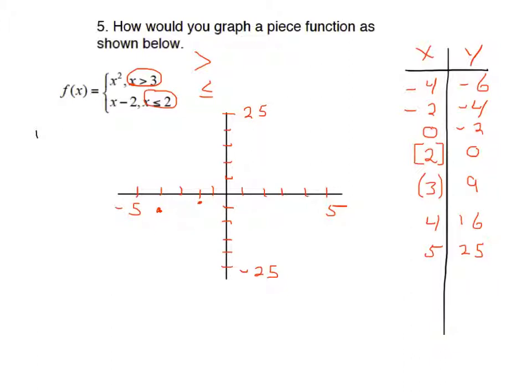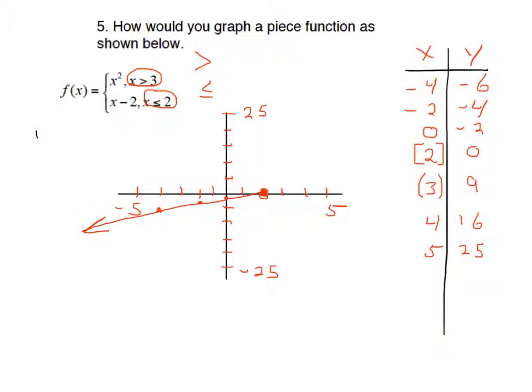Then I'm at 0, and I'm at negative 2, approximately right there. Then I'm at 2, and I'm at 0, so it's about right there. I'm going to put a larger dot right there, and I'm going to extend that out because it is a line running just like that.